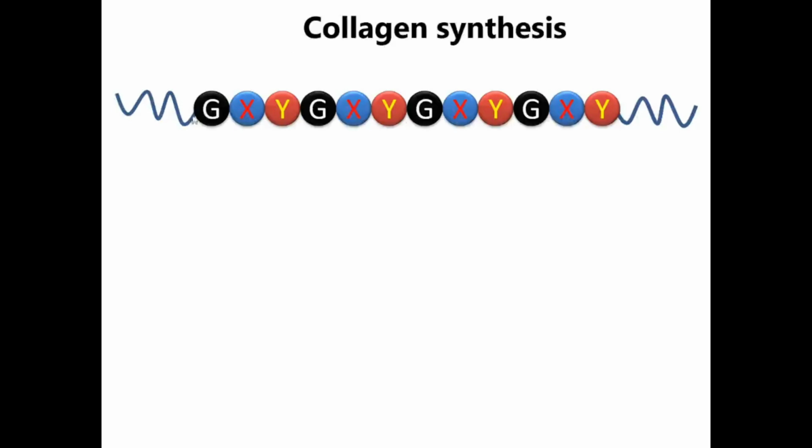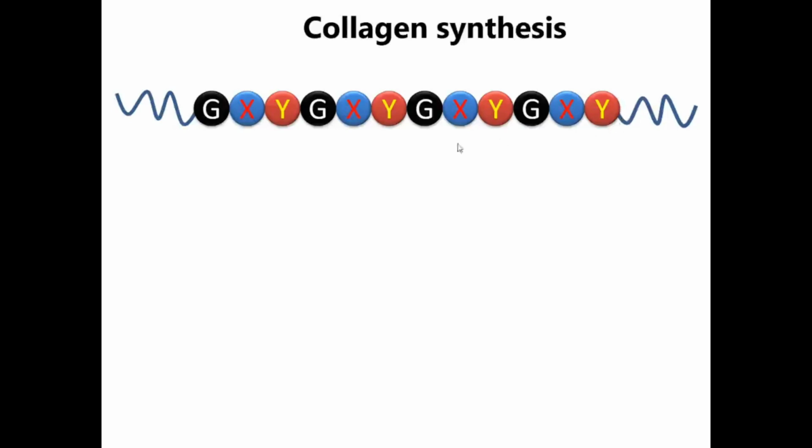In collagen, we call this polypeptide the alpha chain. Each alpha chain has three parts: the central domain and two terminal domains.